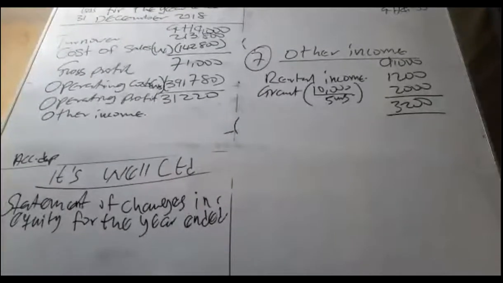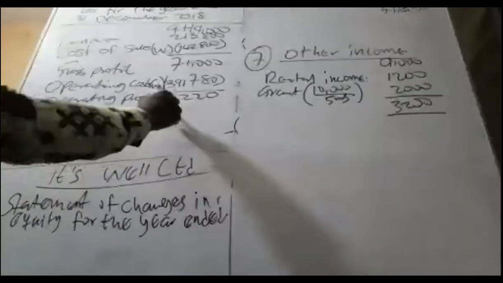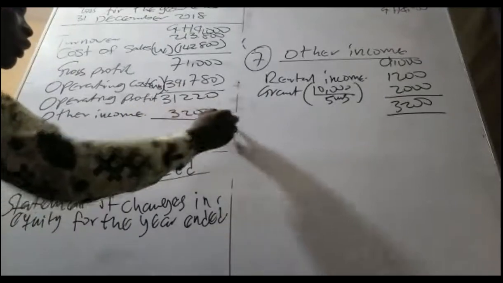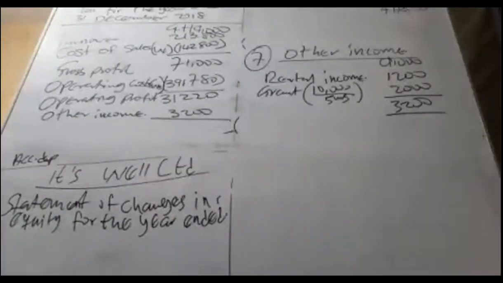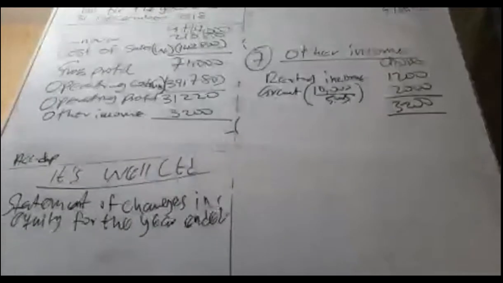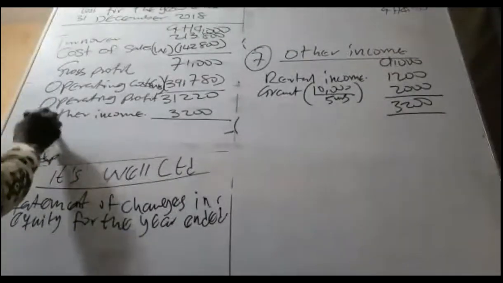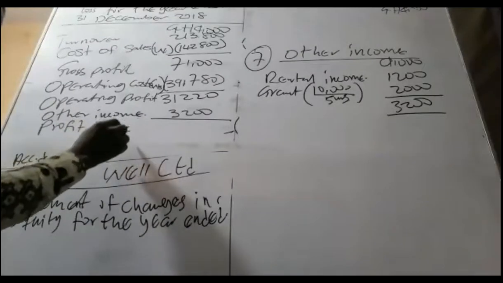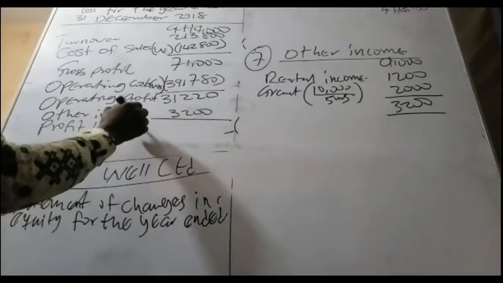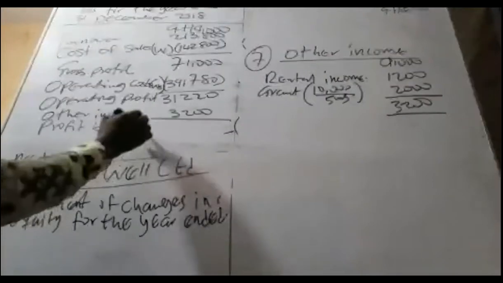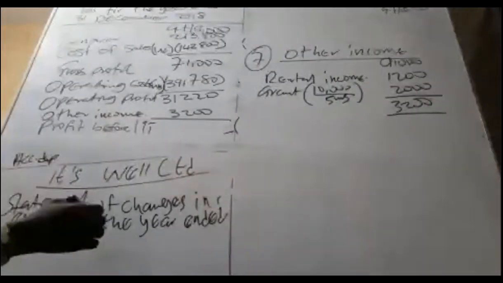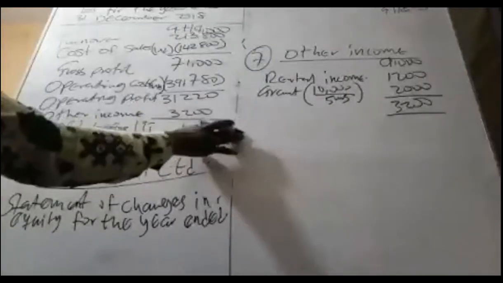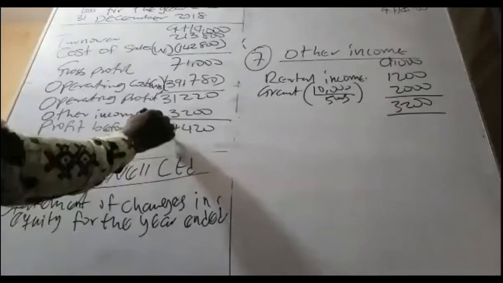So now we can continue with other income of 3,200. Great. So the operating profit before interest and tax will be 420 and then 4,300.